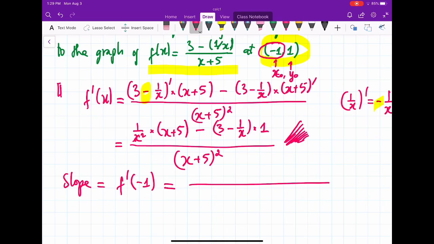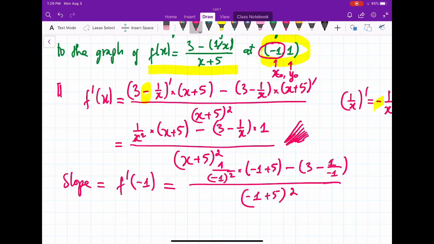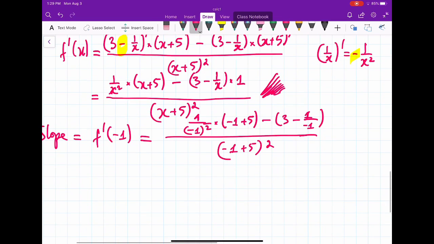I have 1 over (-1) squared times (-1 plus 5) minus (3 minus 1 over -1), right? In here I have (-1 plus 5) squared. You see, I don't have to simplify, right? Now of course we might simplify, but we don't need to simplify the derivative, okay?